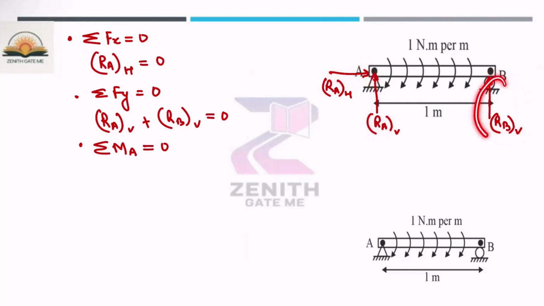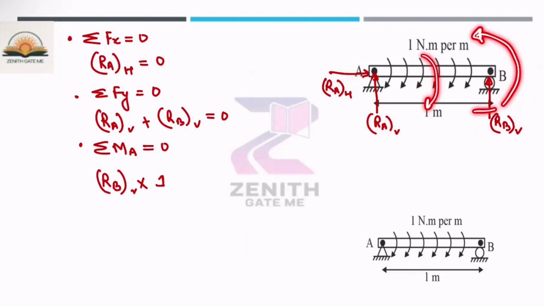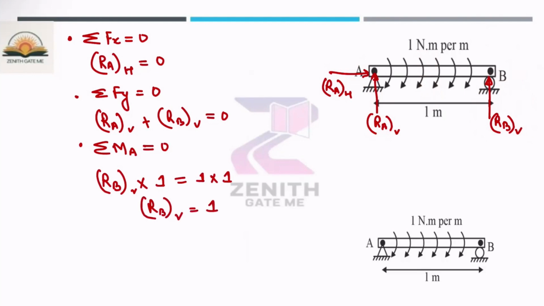So one moment is from RBV, and there is the uniformly distributed moment. RBV into 1 is anti-clockwise, and the distributed moment is clockwise. So 1 into 1, RBV can be written as 1 Newton.